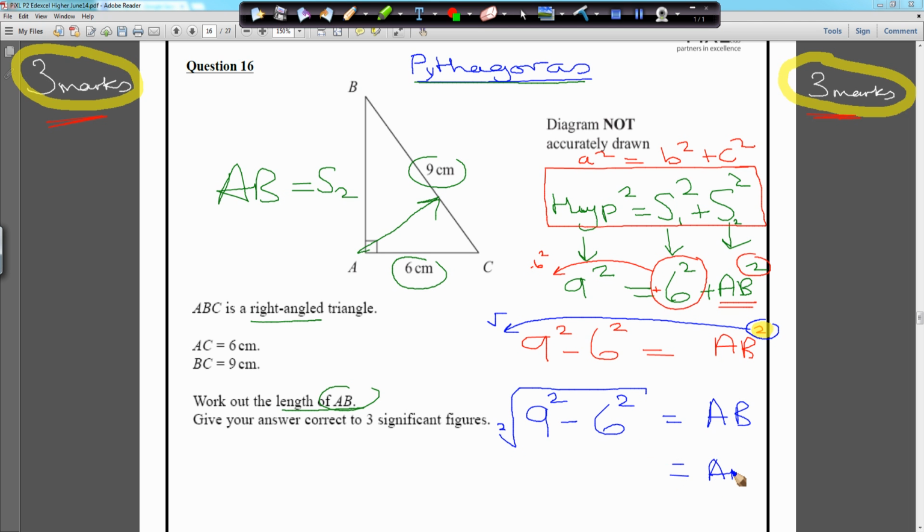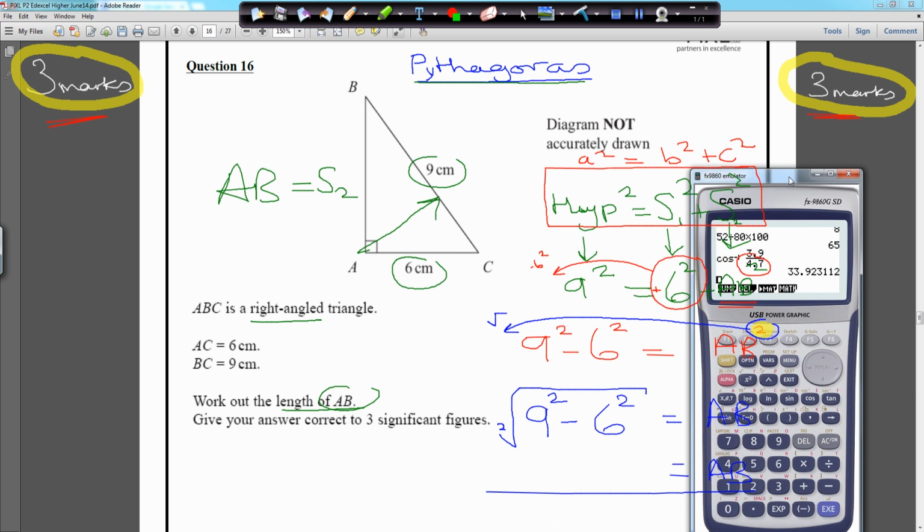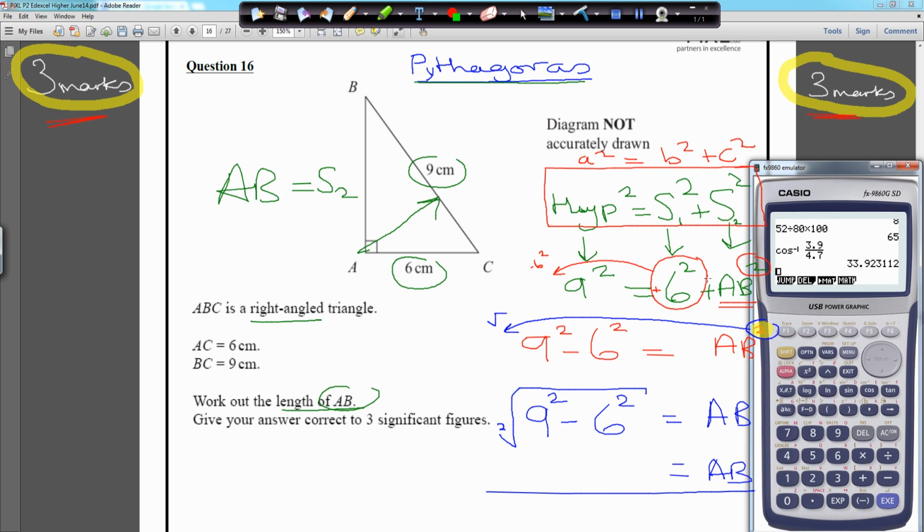So here's our AB. Now we need to grab our calculator. We need to type all of this into the calculator. So we start off with the square root sign, which in this particular calculator I have to press shift and square root. No, sorry, we didn't need to do that.